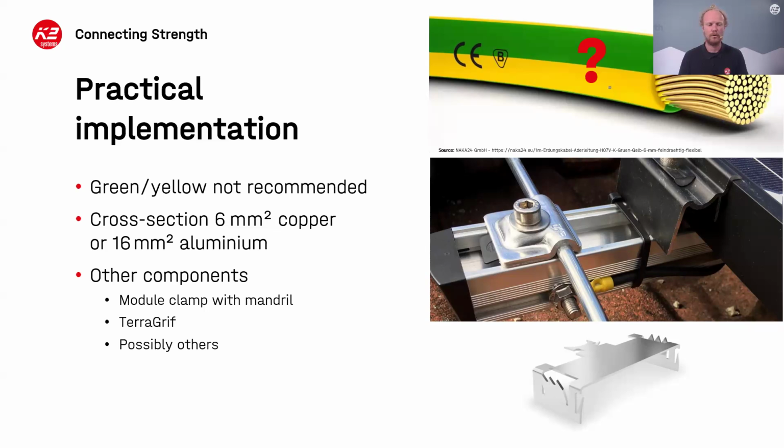In fact, for the connection that we have here, there is actually no color coding that is required as per the German standards. What is more important is the mechanical properties of the material as well. So whether it be a copper wire or an aluminium wire, you then need a different cross-sectional area. And notice here that we're talking about the cross-sectional area and not the diameter.